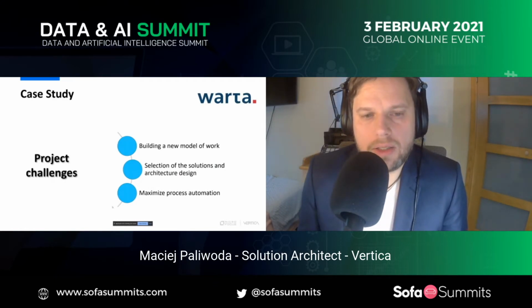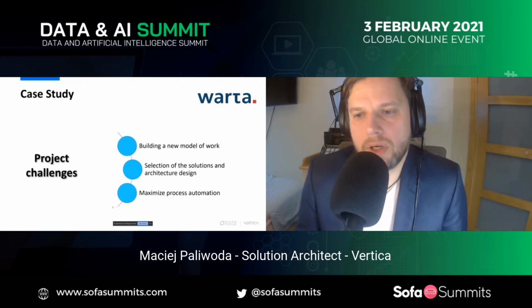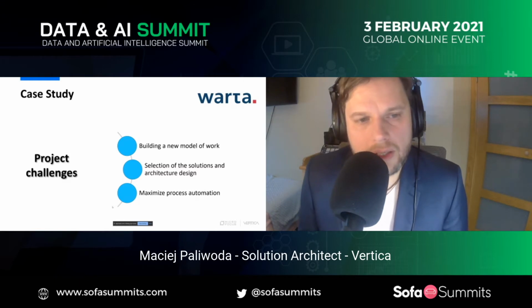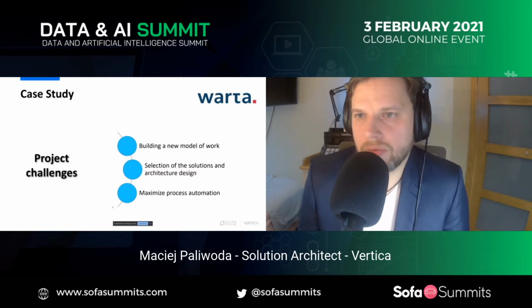As the project assumed that they would transform the part of the organization responsible for calculating the pricing of the insurance policies, they needed to transform the processes, transform the organization, and also they wanted to build a data science team and make it part of the whole process.